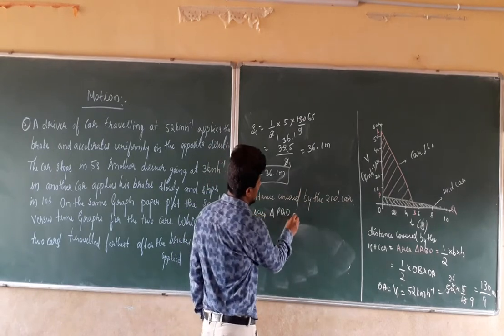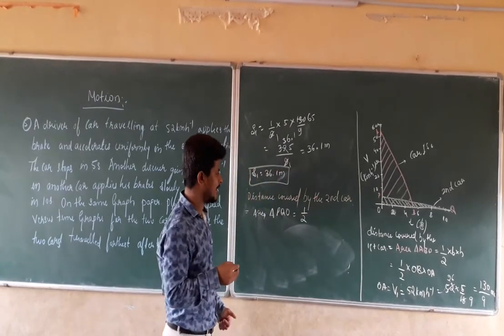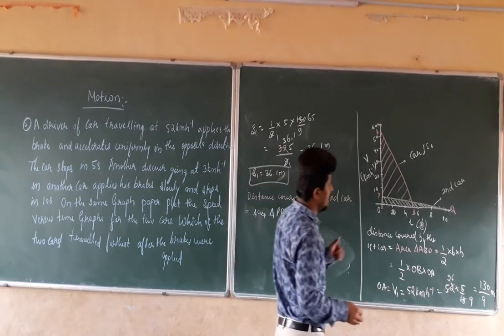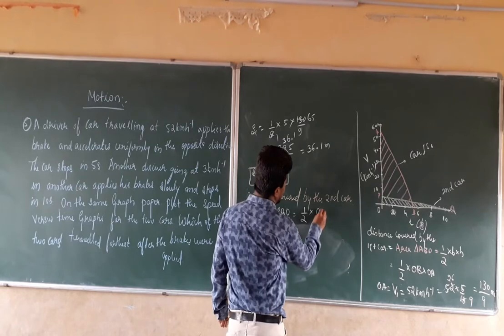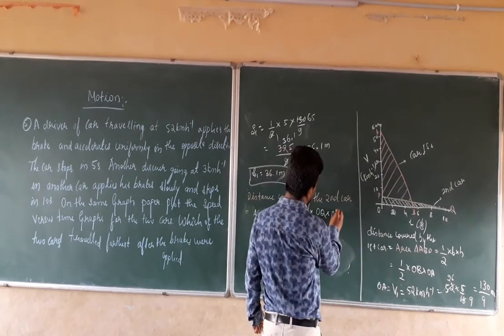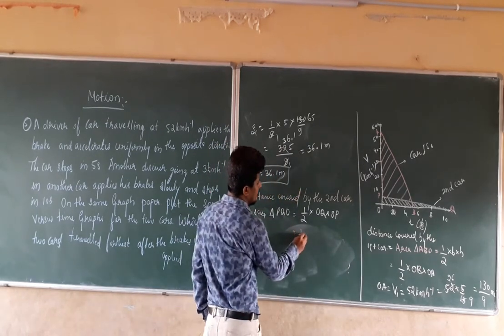We already know the formula for the area of a triangle: half base into height. What is the base here? It is OQ. What is the height here? It is OP. So half OQ into OP.